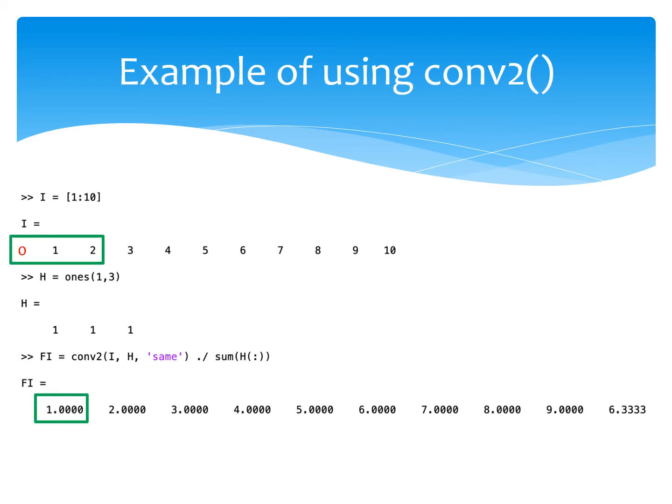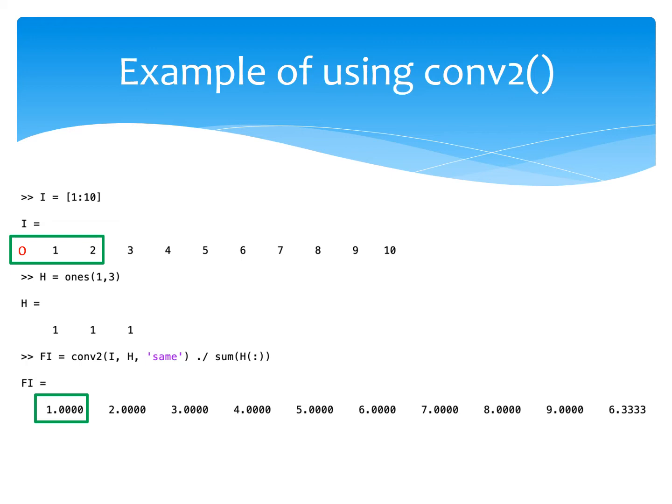And then we multiply the covered area with the filter H. And then we add the multiplication results, and then divide it by the sum of H. So this will result in 1. Actually, the calculation is the average.